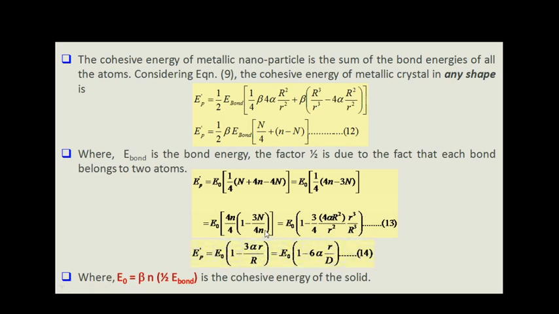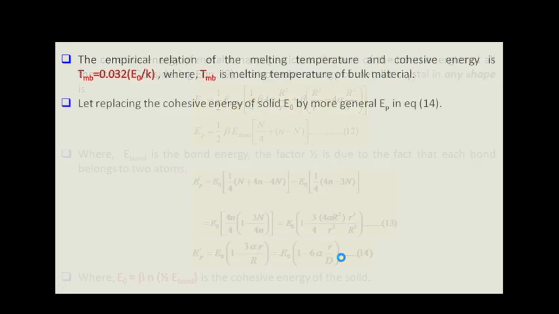So finally the shape of my equation will be EP dash is equal to E0 1 minus 3 alpha small r upon capital R. Sometimes the equation will be asked in the shape of diameter, because diameter is more common with the particle. So r by 2, that is your d, the denominator goes to the numerator, so it becomes 6 alpha r by d. So equation 14 is our final equation.